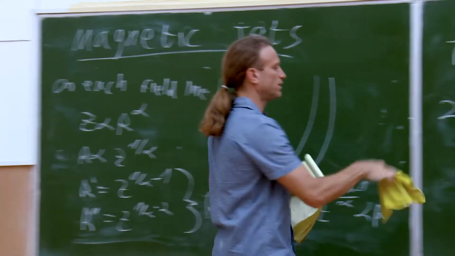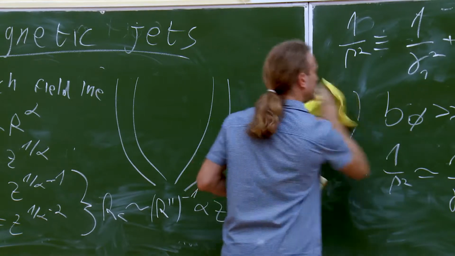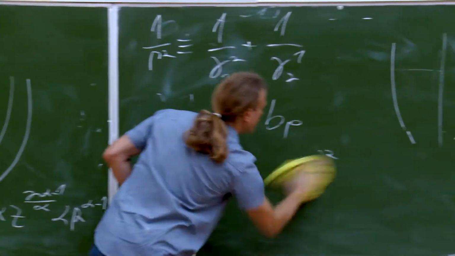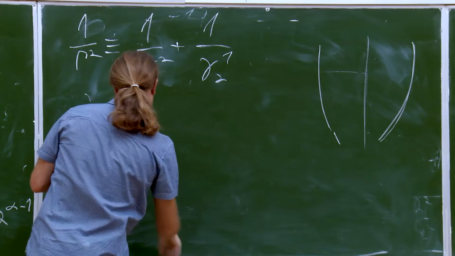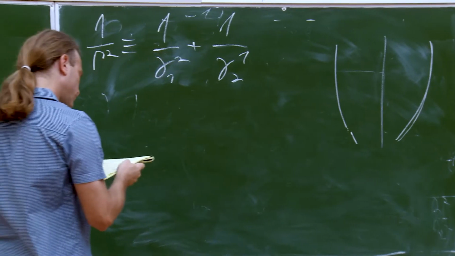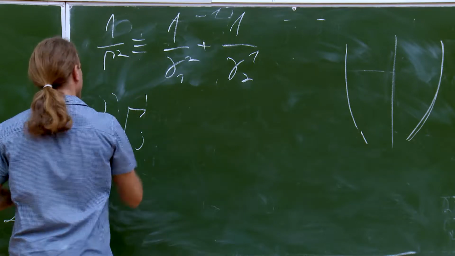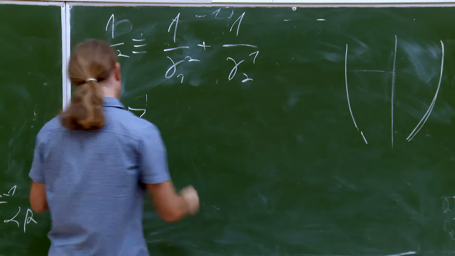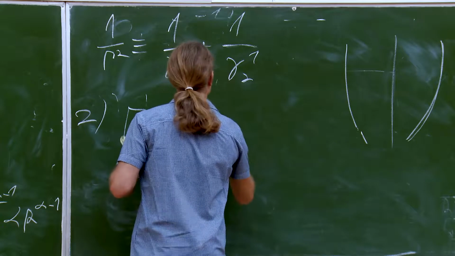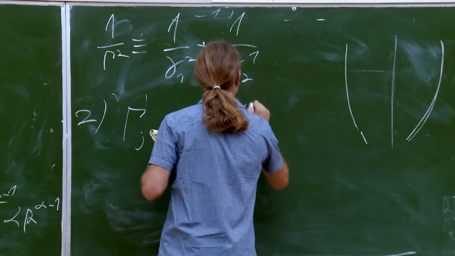And in this case, what I get is that gamma j in the second regime, and still in the second regime, is proportional to RC divided by R to the power of 1/2.